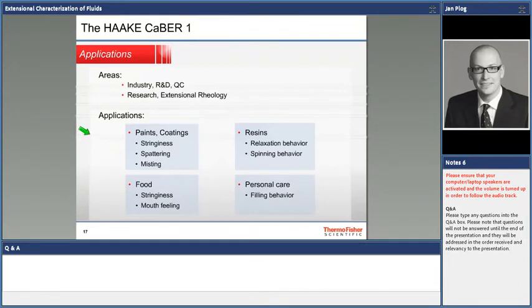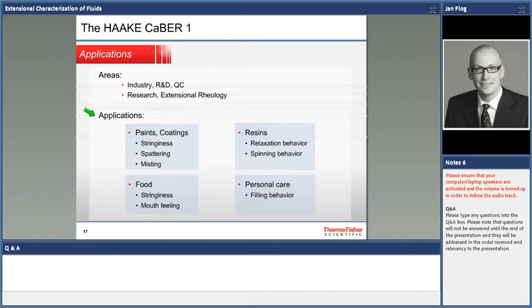What are the typical areas and applications that we work in with the CaBER? Usually, our customers come from the industrial R&D segment, as well as the academic area. However, we have more and more interest in the QC area when it comes to certain types of coatings.